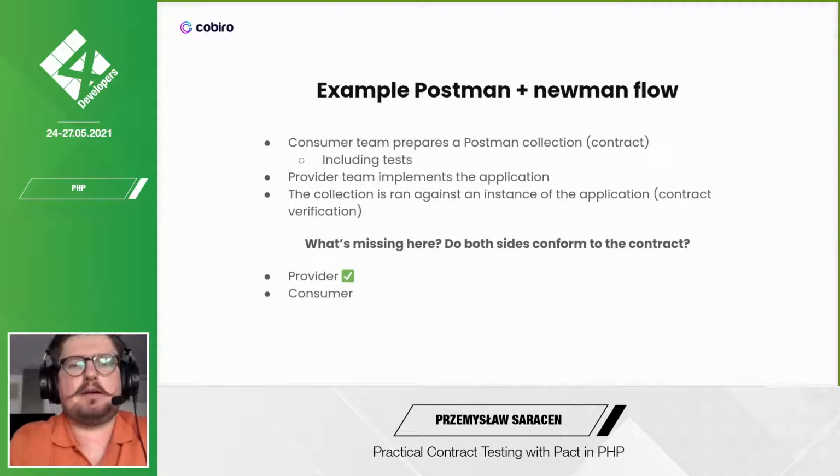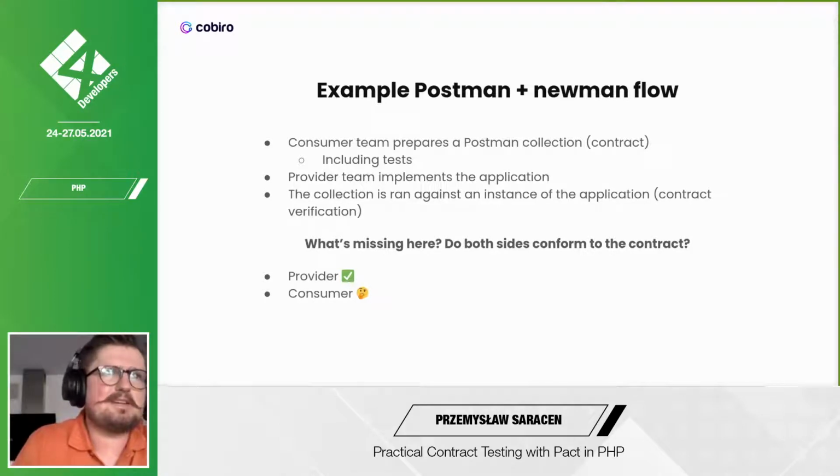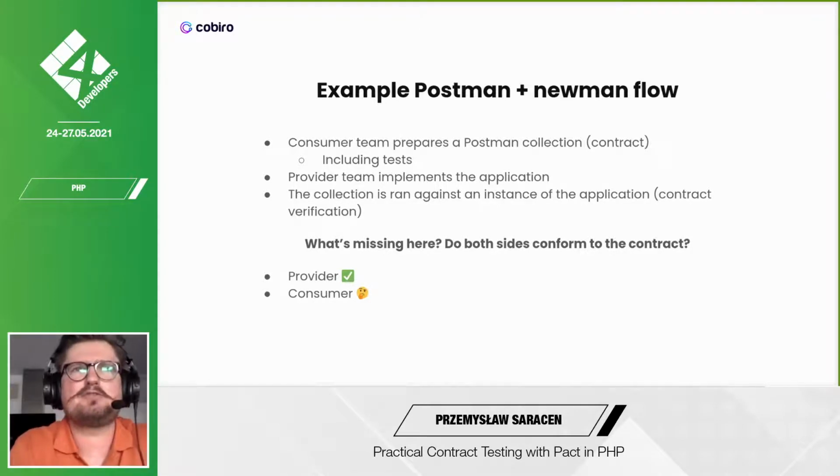Well, as in the first line, the consumer team has written the contract. So probably if they are the source of the contract, they conform to it. Not exactly, because writing a Postman collection is kind of an outside task of coding the consumer application itself. So we don't actually know in normal circumstances if they are actually using the thing they've described the way they should be using it.